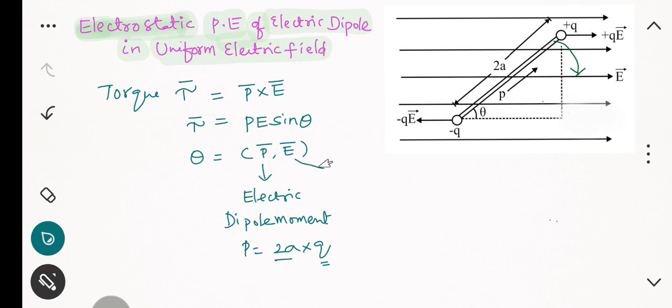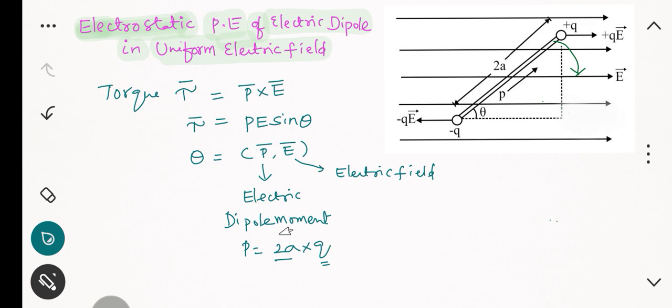E is the electric field intensity, and theta is the angle between the electric dipole and the electric field intensity.